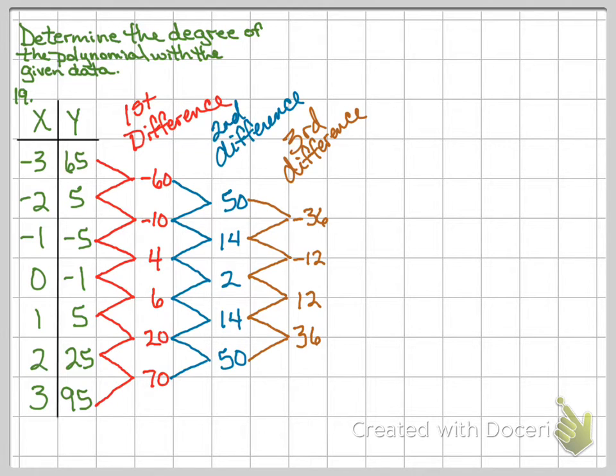Alrighty, let's try this again. 36 minus 12 gives me 24. 12 minus negative 12 gives me 24. Negative 12 minus negative 36 gives me 24. This is my fourth difference.